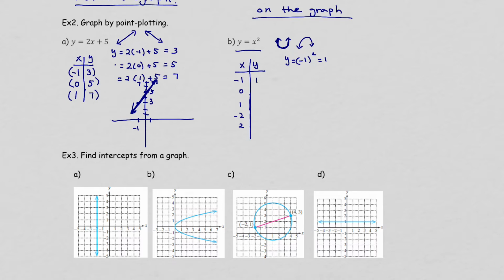When x is 0, 0 squared will be 0. 1 squared will be 1. -2 squared is 4. 2 squared is 4. So let's draw that. When 0, 0; -1, +1; +1, +1. When 2, it will be 4.